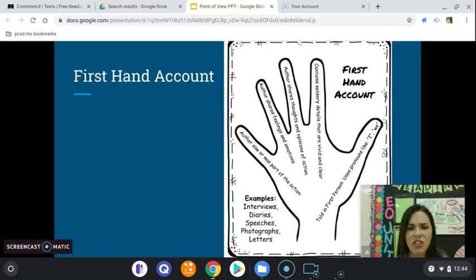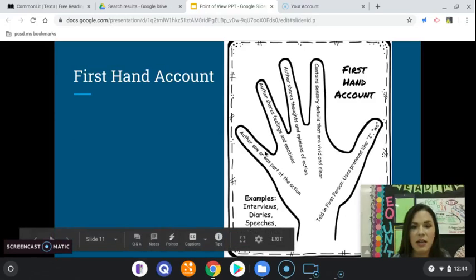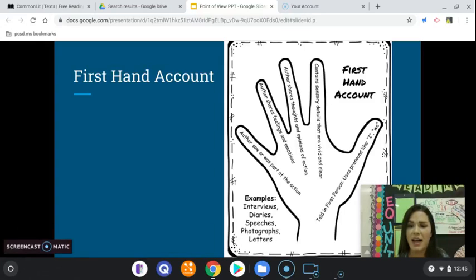Okay. So, for example, on this little anchor chart here, you have an example of an interview. So if I go ask somebody a bunch of questions, they're going to tell me some information, and that's a first-hand account. I'm getting information from one person, from a source, okay?